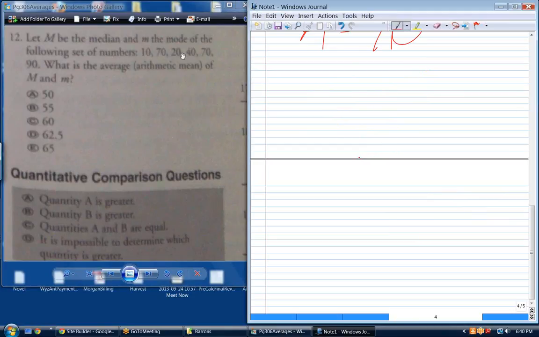I'm going to go ahead and write these numbers in order because I know that's what you would do as your first step. Whoops. I didn't see the 90. Let m be the median and n the mode of the following set of numbers. What is the average of m and n?